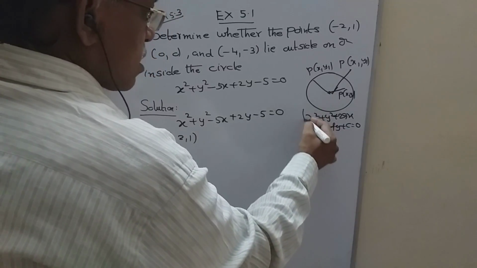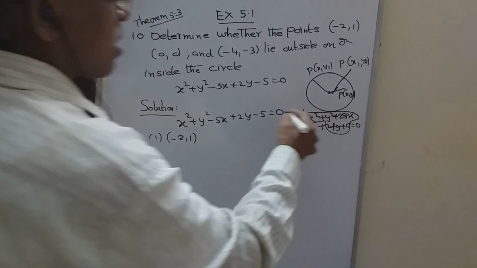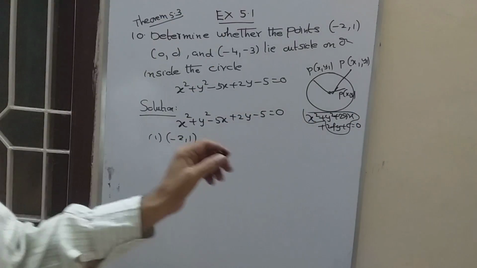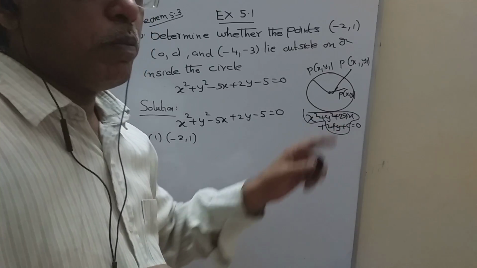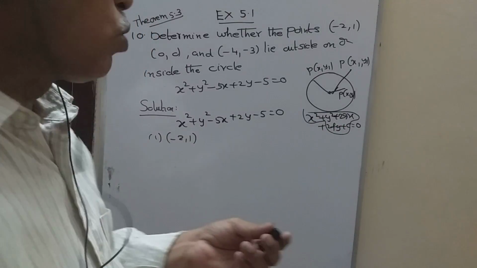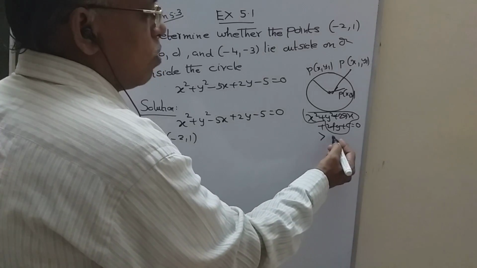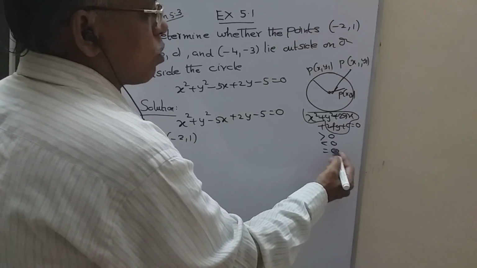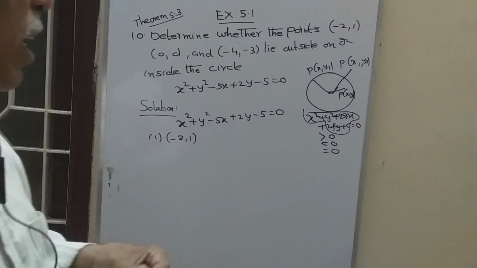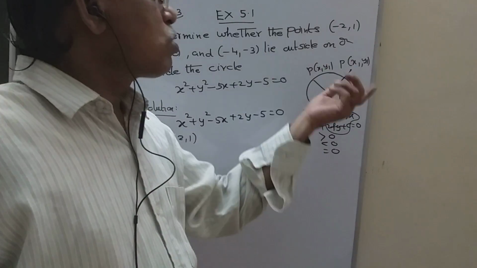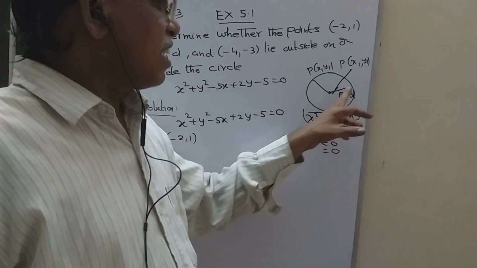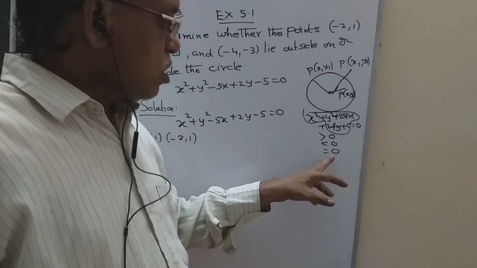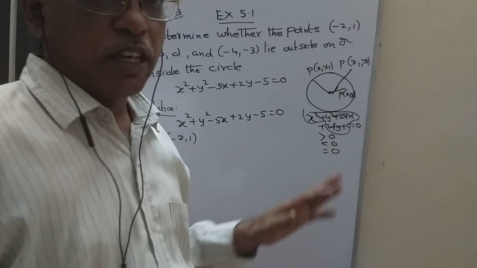The point is substituted directly, like x1 square plus y1 square plus 2gx1 plus 2fy1 plus c. Then we decide whether it is greater than 0, less than 0, or equal to 0. Greater than 0 means the point lies outside. Less than 0 means the point lies inside. Equal to 0 means the point lies on the circle.